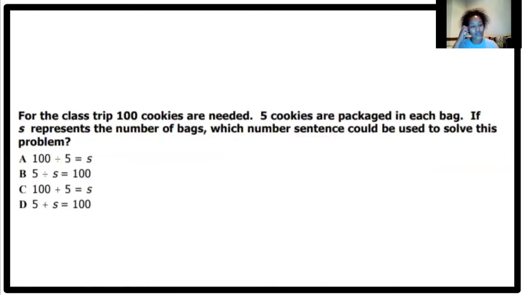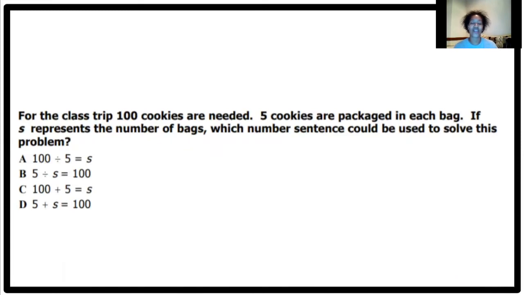For the class trip, 100 cookies are needed. 5 cookies are packaged in each bag. If S represents the number of bags, which number sentence could be used to solve this problem? First of all, we want to recall using our problem-solving math and the information that we do know.